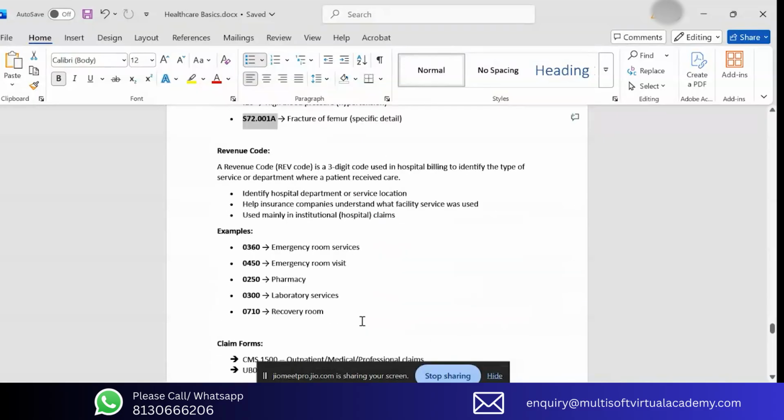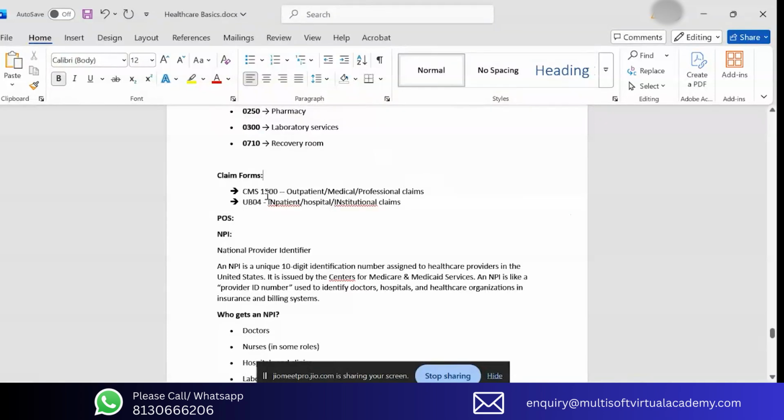Coming to revenue code, it is a 3-digit code. Revenue code basically represents hospital billing, to identify the type of service, or under which department the patient is being admitted or provided with the service. So it is more on the hospital claim side, where it covers room service, ambulance service, pharmacy.